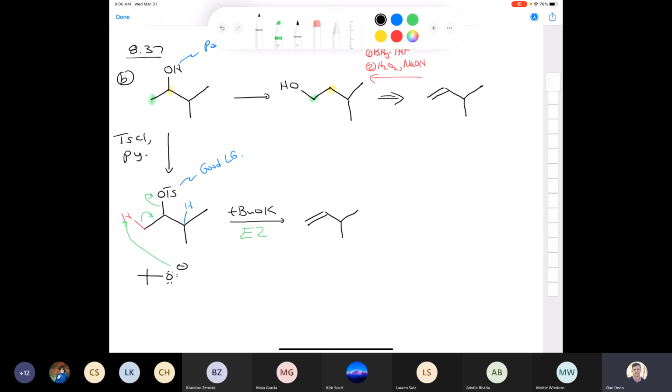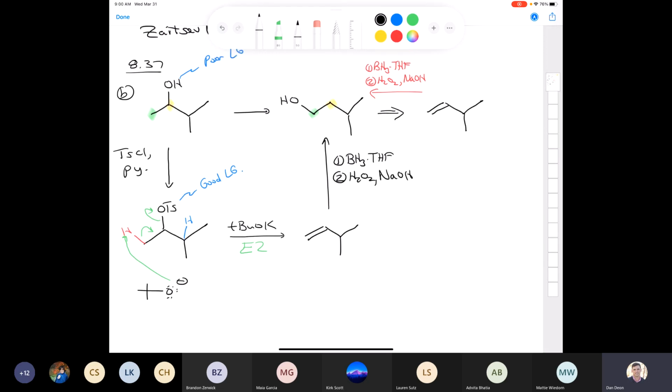When I say terminal, it just means it's at the end of a molecule like this. It's not very pretty, but anyhow. And then for the last step, I treat it with borane and THF, followed by hydrogen peroxide and sodium hydroxide to effect the anti-Markovnikov addition of water.